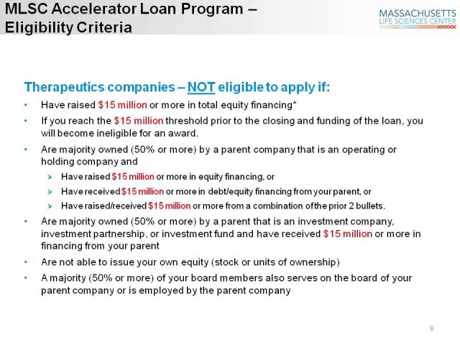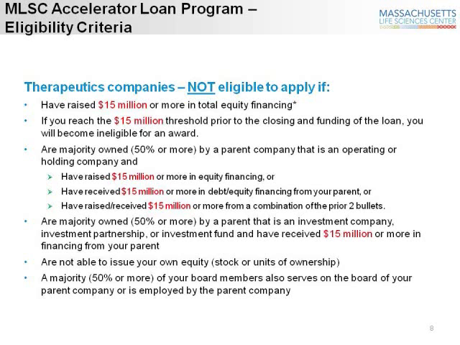There are some specifics based on your sector as well, so therapeutics companies are not eligible to apply if they've raised more than $15 million in total equity financing. Likewise, if you do reach the $15 million during the process of receiving the loan, you would then be disqualified. If you are majority owned by a parent company, which means 50% or more, that is an operating or holding company, and you've raised more than $15 million, you would not be eligible.